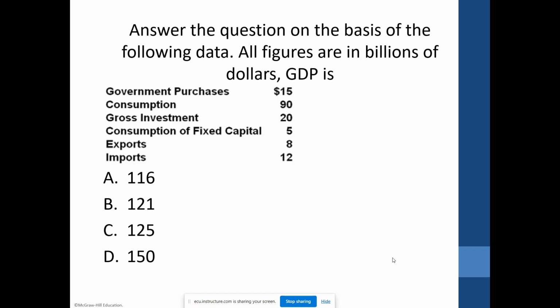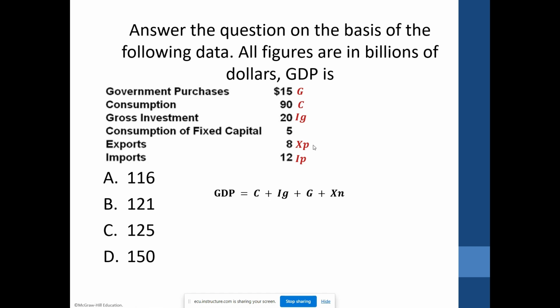Alright, according to the formula for the expenditure approach for calculating GDP, it is a summation of consumption 90, gross private domestic investment 20, government purchase 15, and net export.